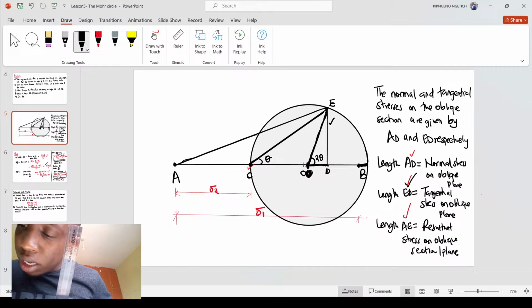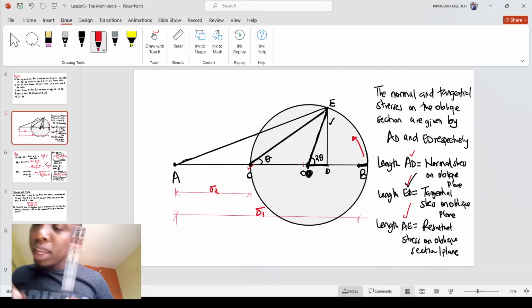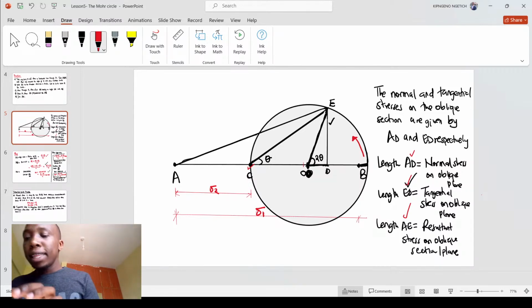As we move along that curve, the line ED increases. If it is here, it could be lesser. It increases until it is now at the radius.